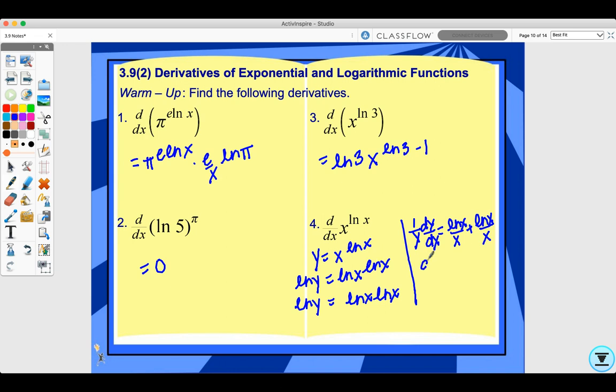And then dy/dx would equal y times 2 natural log of x all over x. And then going back to my original statement, y equals x to the natural log of x, I want this all in terms of x. So it would equal x to the natural log of x times 2 natural log of x all over x.